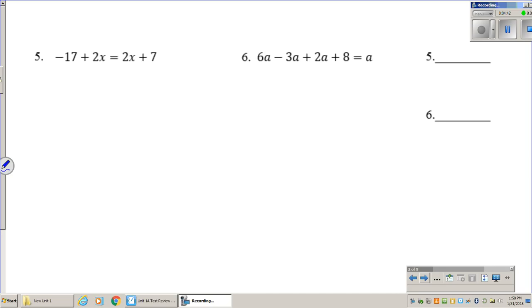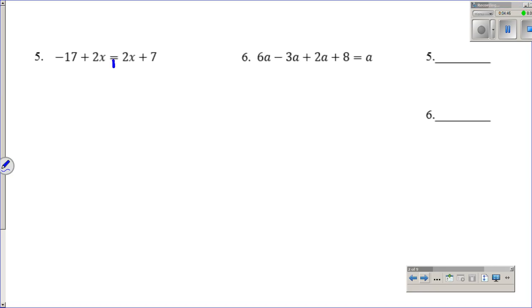Okay, 5 and 6, we have a couple more equations. So go ahead and separate your two sides. On the left side, look to see are there any like terms you can combine. And on the right side, are there any like terms you can combine? We can't combine any like terms, but I do notice we have variables on both sides of the equation. So I'm going to subtract 2x on both sides to combine my variable terms.